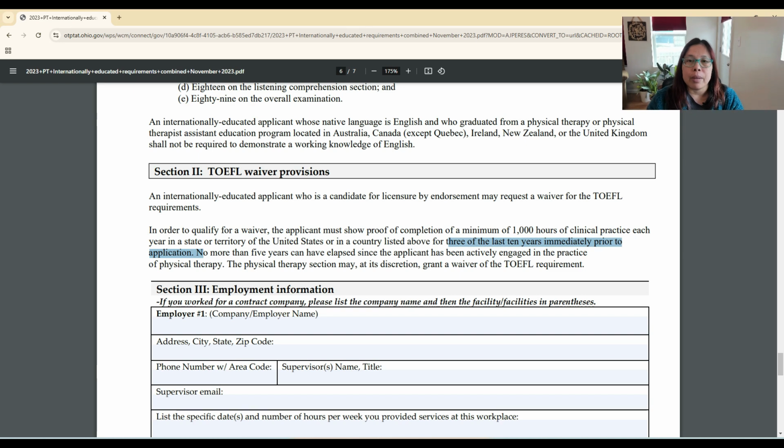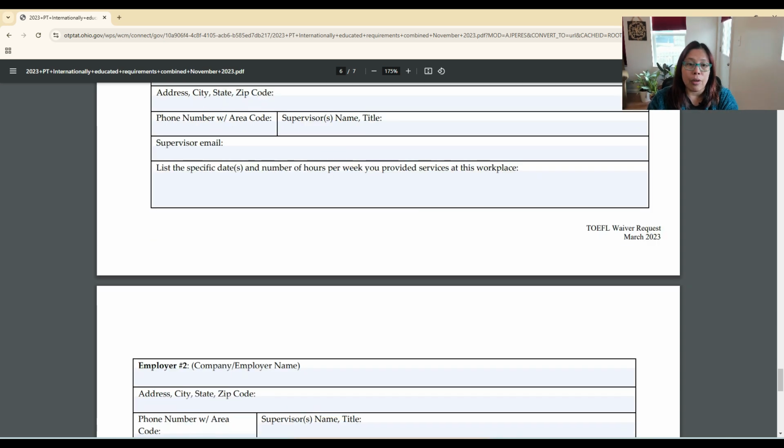So, for example, 2025, between 2015 and 2025, you have at least 3 years of clinical experience in the US or the countries that we cited before, within the 10 years before you apply to the state of Ohio.